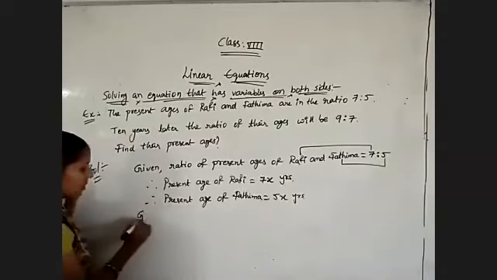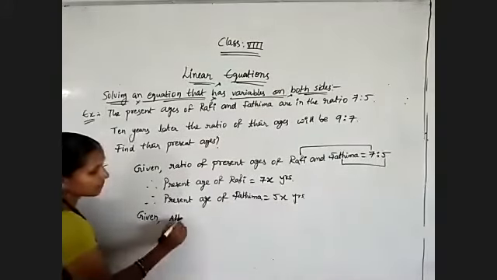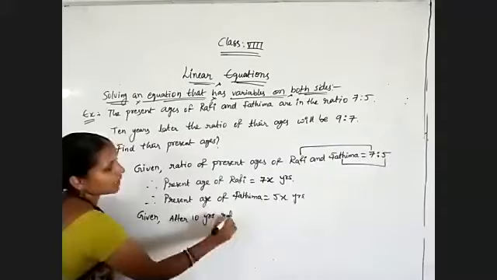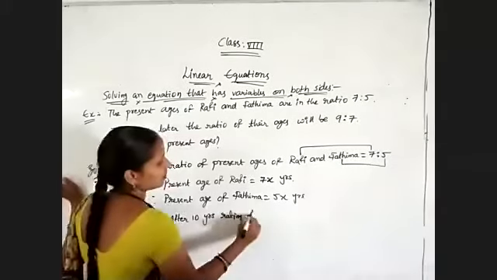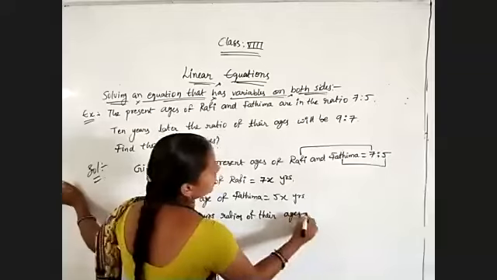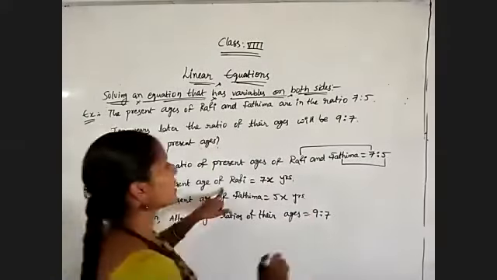So given, after 10 years, the ratio of their ages is equal to 9:7.